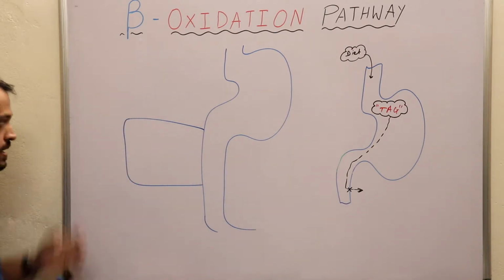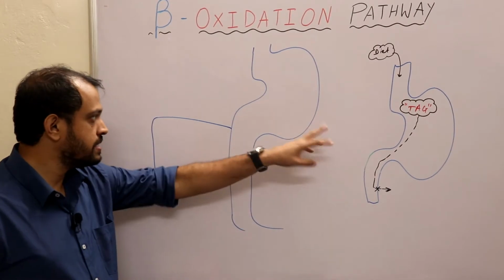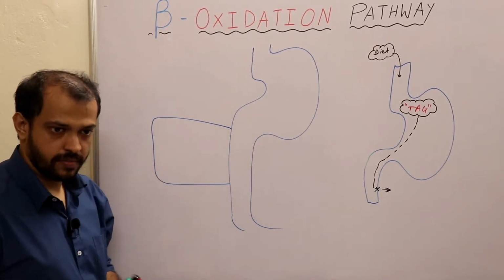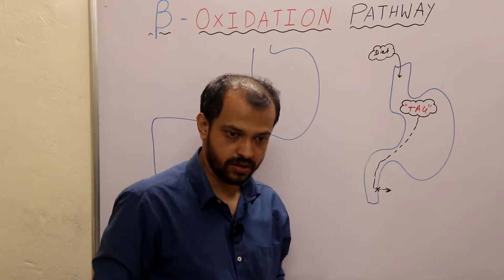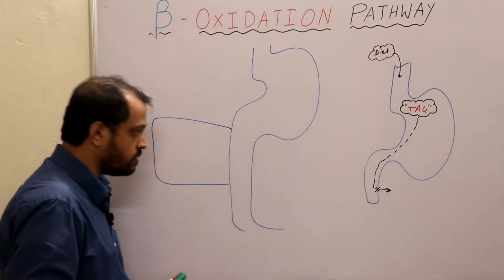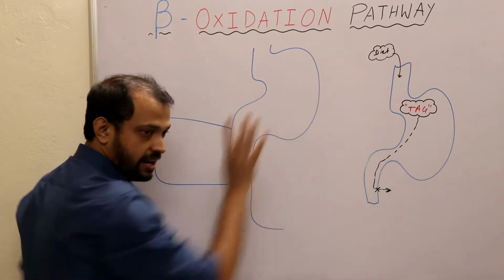In the small intestine, TAG will be absorbed. Go to my lipid absorption video, you will understand how lipids are absorbed. Now we will only talk with respect to TAG.